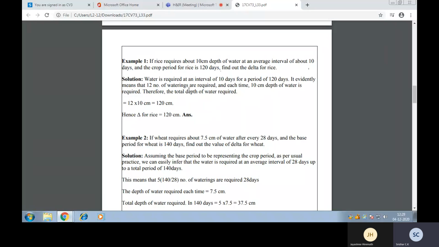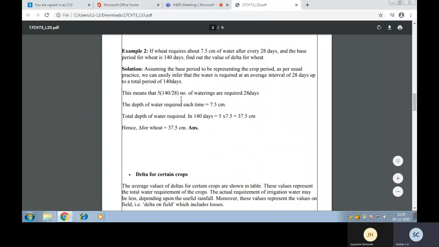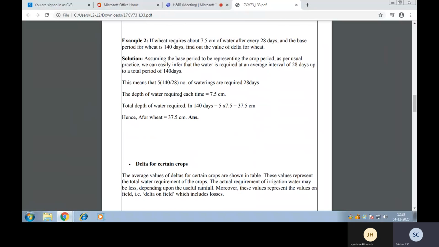That means 120 divided by 10, that means 12 intervals, multiplied by the depth, which is 10 centimeters. Therefore, the total will be 10 into 12, so it will be 120. Therefore, the total depth of water required for the rice will be 120 centimeters. Very, very simple calculations involved here. You need not consider this a major calculation work.